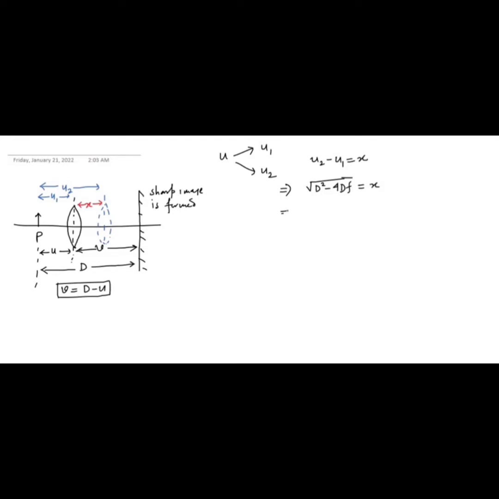So I can say that x square is equal to D square minus 4Df. So 4Df is equal to D square minus x square, and f is equal to (D square minus x square) upon 4D. Look at this.